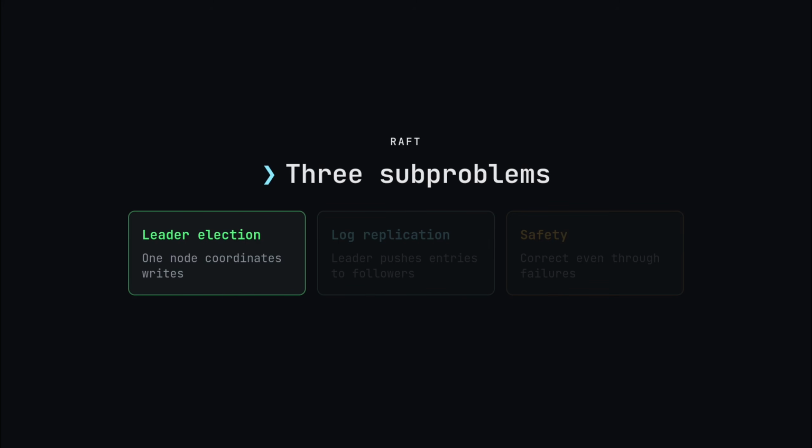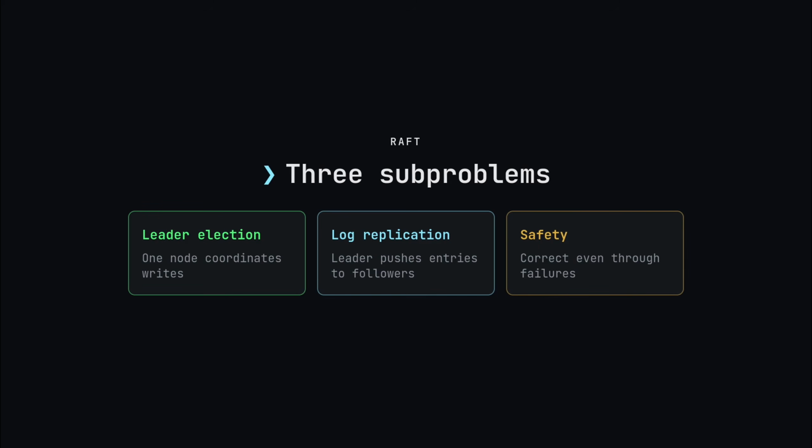There is one leader per term and everyone else follows. Second is log replication. Clients send commands to the leader and the leader pushes log entries out to the followers. Data only moves in that one direction. And third is safety. Even when leaders crash in the middle of a write, you never apply two different commands at the same position in the log. We will come back to that after replication.